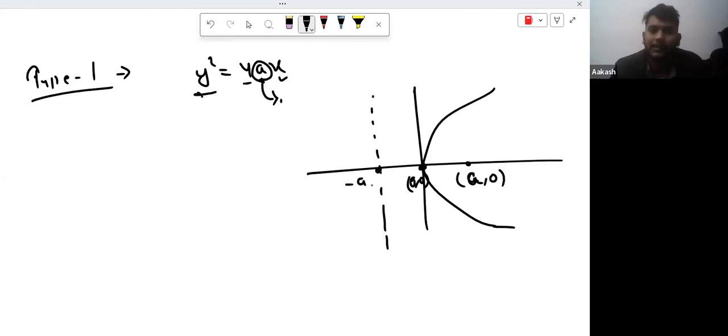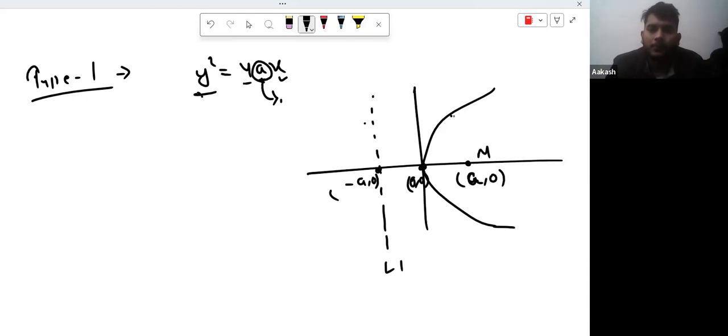This point is minus a comma 0 because the distance of the vertex should be equal from the focus and directrix, right? Every point of the parabola is equidistant from this point. Suppose this is M. Every point should be equidistant from this M and the line, suppose L1.